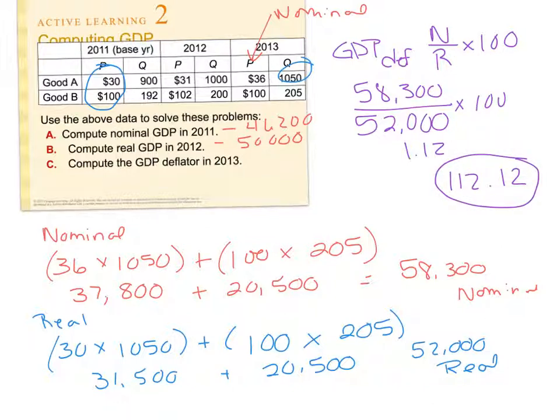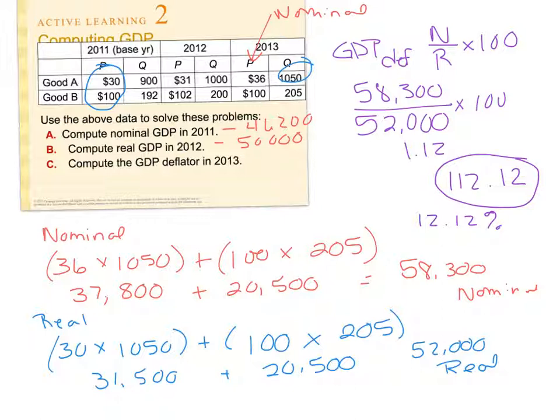So what exactly is 112.12? Well, we would call these basis points, and it basically says that from 2011 to 2013, the price level, or inflation, increased 12.12%. Now again, best measure of inflation, no, but it is one possible measure that we can use. How did I know it was 12.12%? Because basis points are always expressed in 1/100th of a percentage.